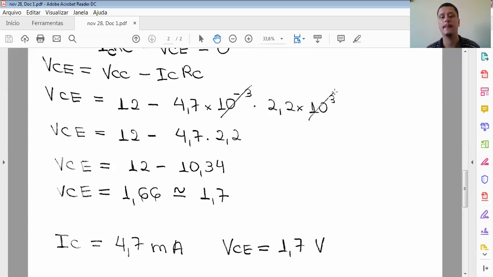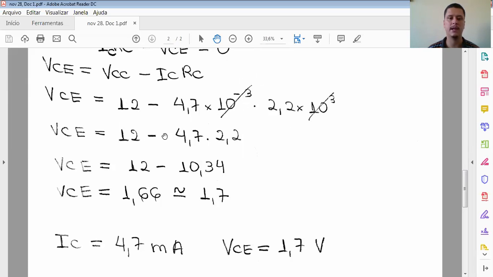As you know, when I have two powers with the same base but different exponents, we can just maintain the base and sum the powers. So 10 to the power of minus 3 plus 3 equals 10 to the power of 0, which, as you all know, 10 to the power of 0 equals 1.